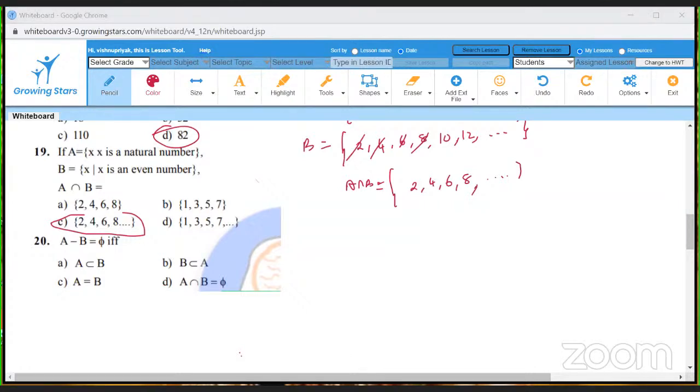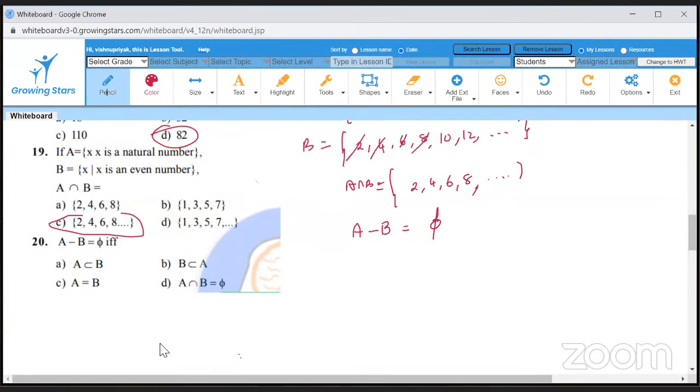Next, question number 20. Many of you gave answer as A only. And that is correct. A minus B equal to empty set. That means from A, if you subtract B, nothing you will get.